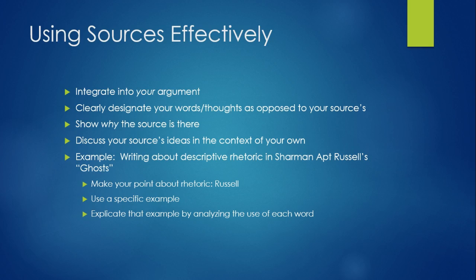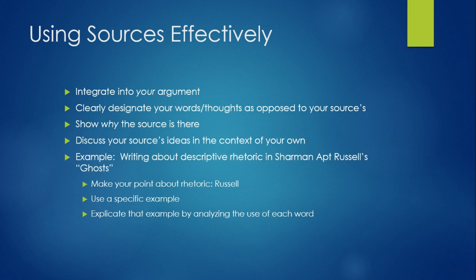Here's a short example. For instance, say you were writing about descriptive rhetoric in Sharman Apt-Russell's essay Ghosts, which we discussed in class. The first thing you want to do is make your point about rhetoric. What kind of rhetoric does Russell use?